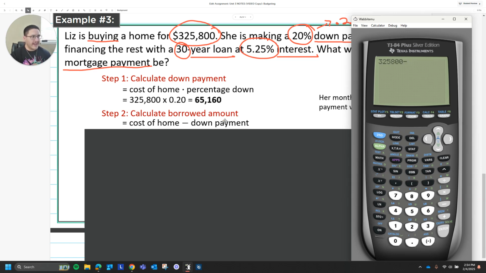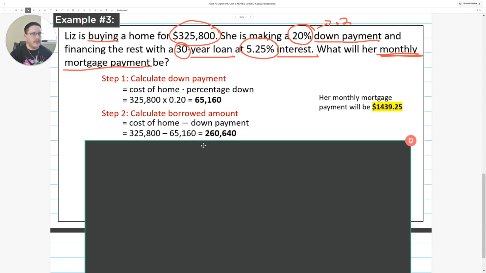We're going to subtract our down payment, which was $65,160, and we have $260,640 that we are borrowing from a bank or whoever is financing this purchase. And again, a down payment helps a lot with what your monthly mortgage payment will be, because otherwise it would be much higher than what you're seeing right over here.